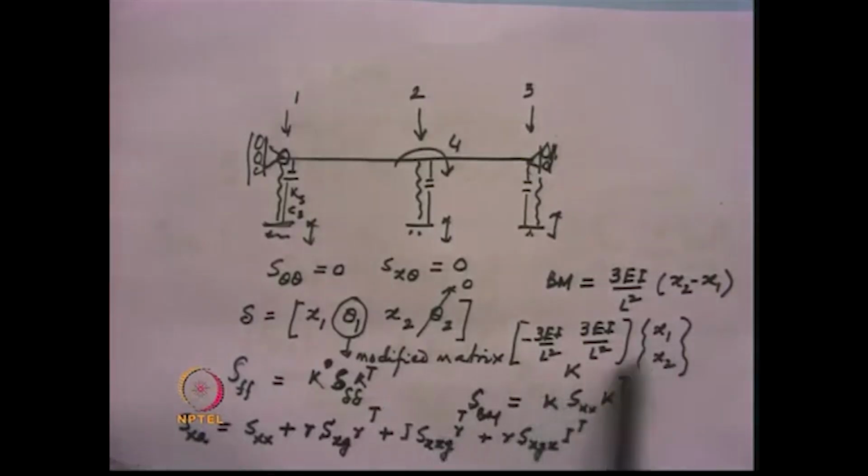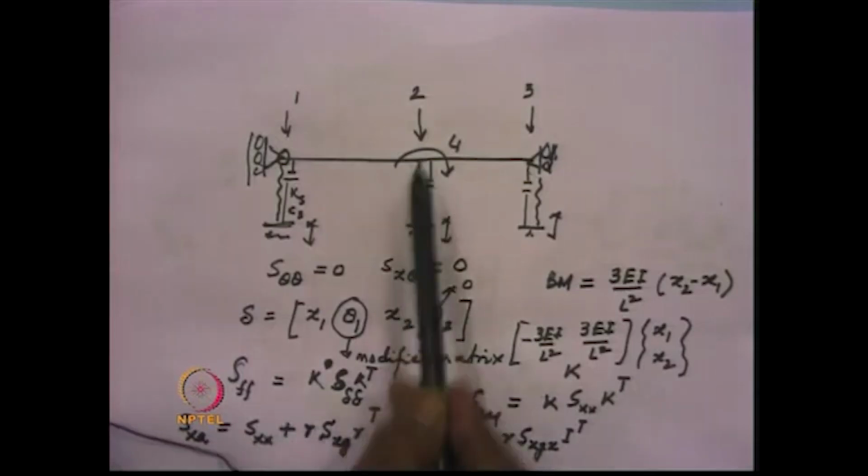This can be further written in this particular form, that is, S bending moment, the power spectral density function of the bending moment, is equal to K Sxx K transpose. So, if we know Sxx, one can find out the bending moment at this particular point.